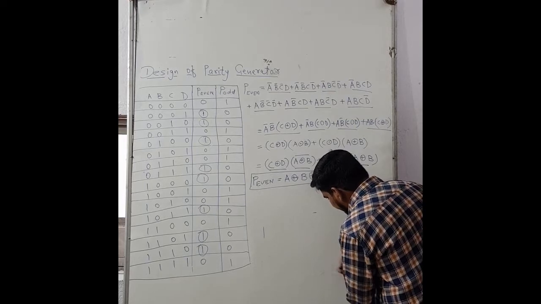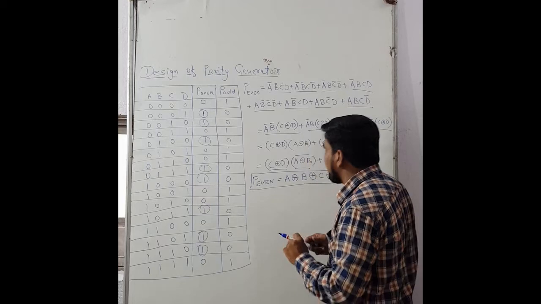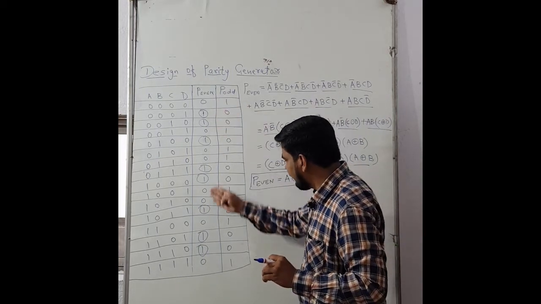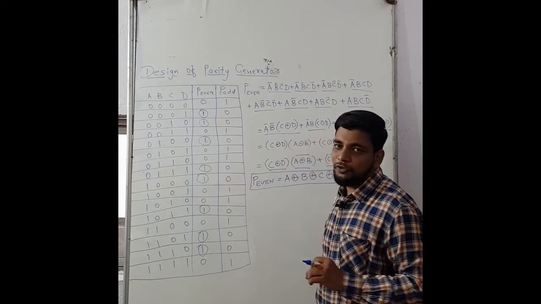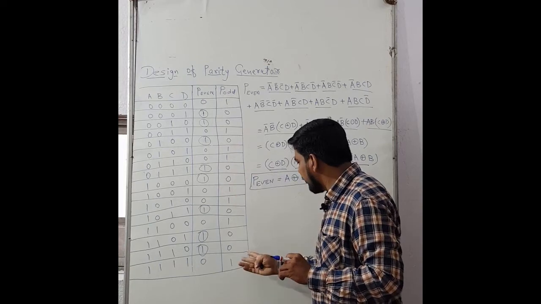Now next we have to write the output expression for p of odd. If we observe the complete p of even, it is complementary of p of odd.